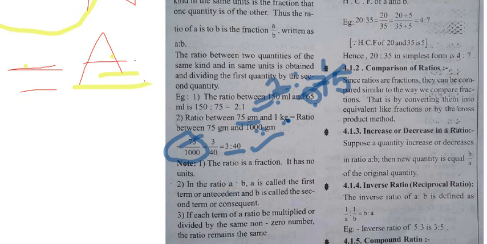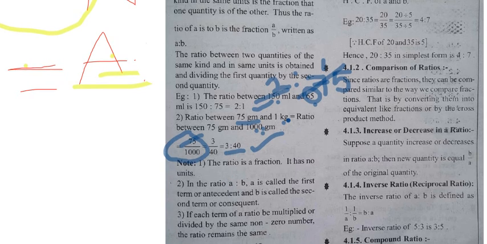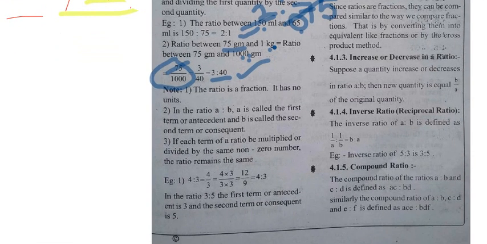Okay, and the next thing: if each term of the ratio is multiplied or divided by the same non-zero number, the ratio remains the same. For example, 4 is to 3, I can write as 4 by 3.